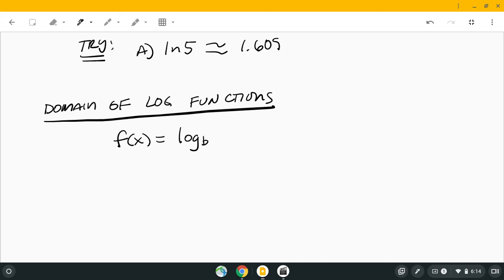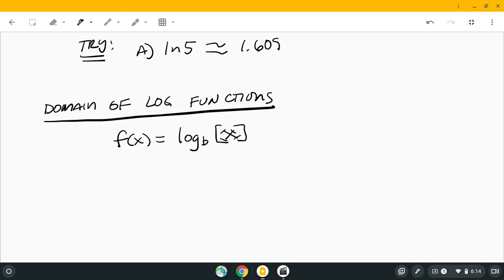So you have log base b, and you're taking log of something. I'm not going to write x because it could be not just x, but something like 2x minus 5. So I'll write this interesting looking x, which just represents some sort of function of x.